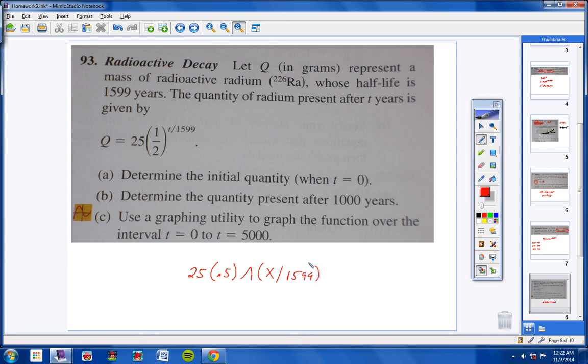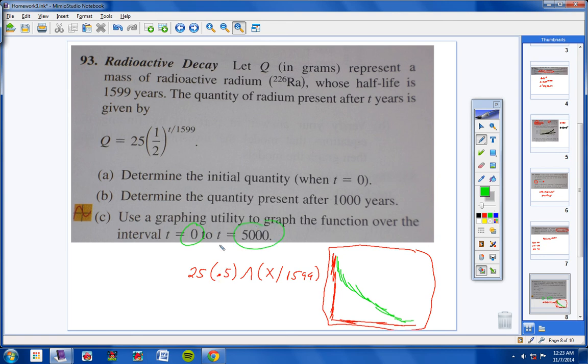And then hit the graph button, and you should see a pretty good exponential graph that looks like this. Here's your window on your calculator. And you should have the axis coming down this way, and the other axis coming off this way. And the graph should look something like this. Starting here and coming down like this. And there you did it, okay? You graphed it over this window right here from 0 to 5,000.